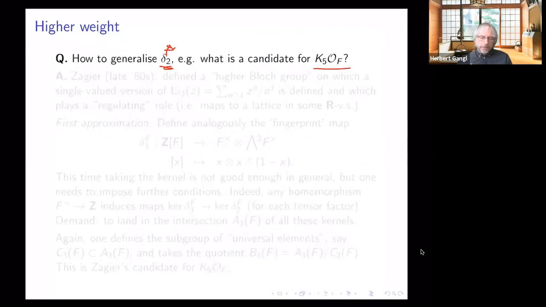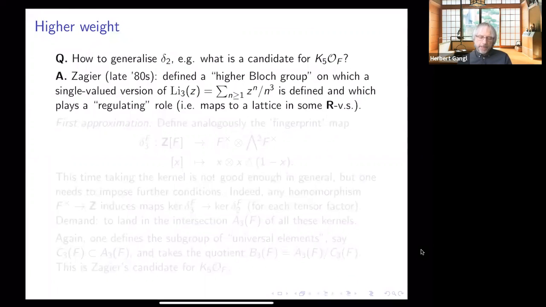Indeed, Zagier in the late 80s defined a higher Bloch group. And on this, he also gave a single valued version of the next in line, the trilogarithm here, which plays a role as a regulator.